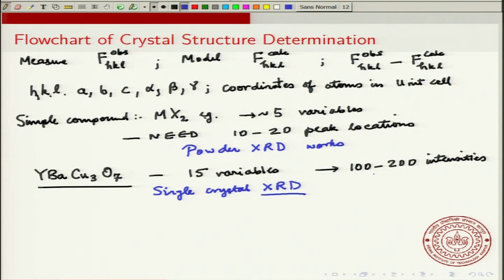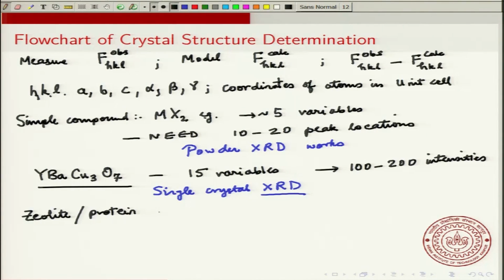Now, a more complicated case would be something like a biomolecule. Let us say a zeolite or a protein.